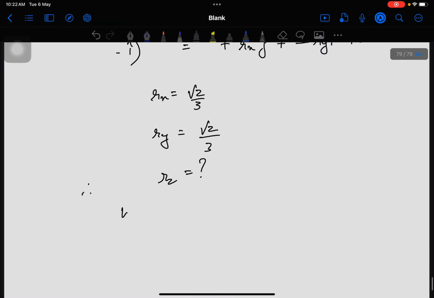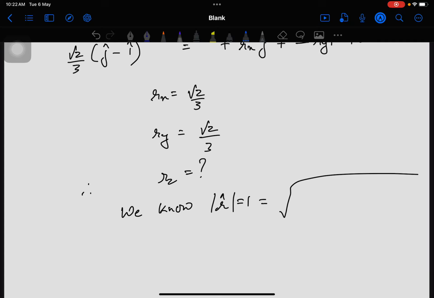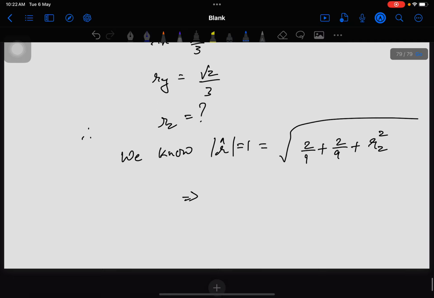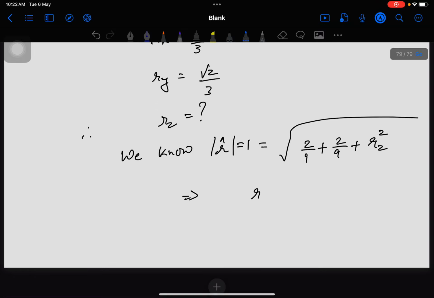But we already know that r cap is a unit vector which has a magnitude of 1, which means it is root of rx square, which is 2 by 9, plus ry square, again 2 by 9, plus rz square, which is unknown to us. So you can write rz square as 1 minus 2 by 9 minus 2 by 9, which is 4 by 9. You get this as 5 by 9, which means your rz is plus or minus root 5 by 3.